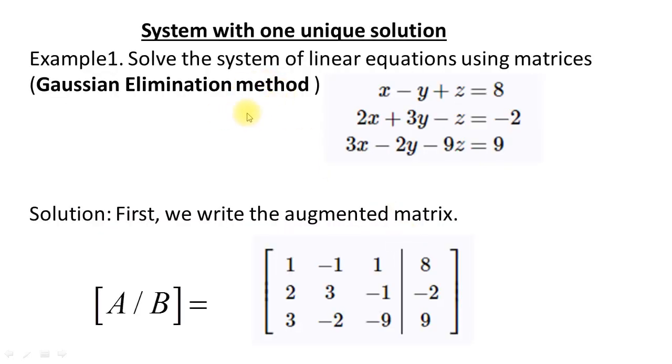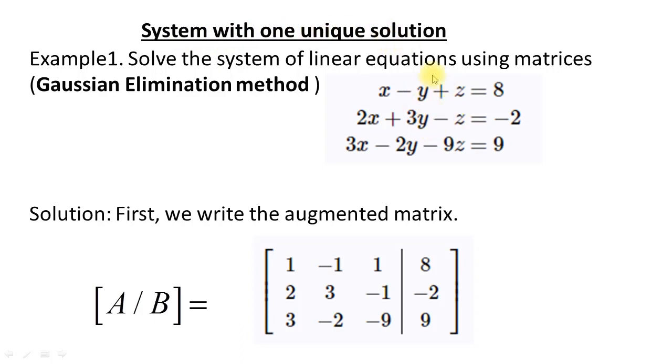Now let's move on. For example, suppose we have a system of three equations: x minus y plus z is equal to 8, and 2x plus 3y minus z is equal to minus 2, and 3x minus 2y minus 9z is equal to 9. Dear students, this system has one unique solution.